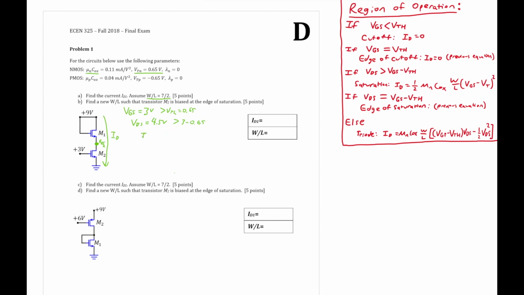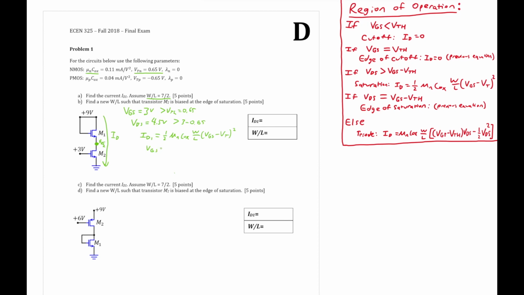And so, to find ID, or ID1, we use the equation 1 over 2 mu n COX W over L times (VGS minus VT) squared. And now we just plug in our values.